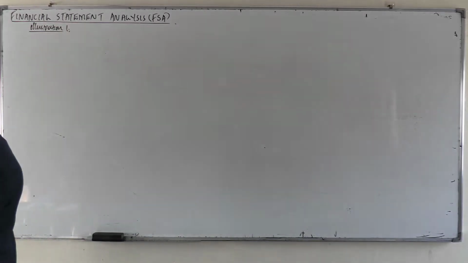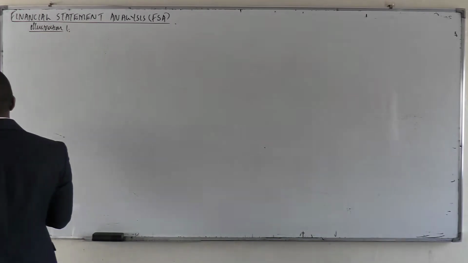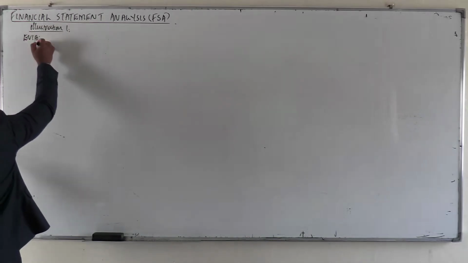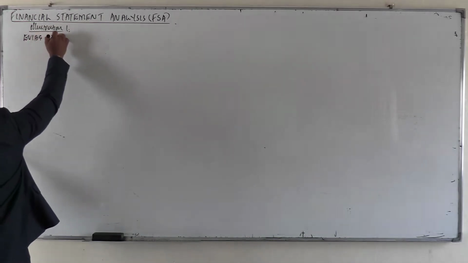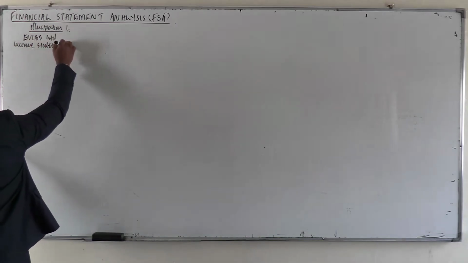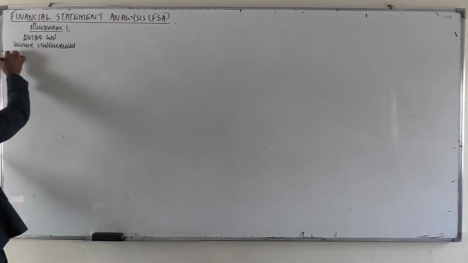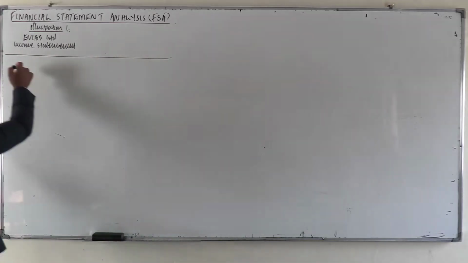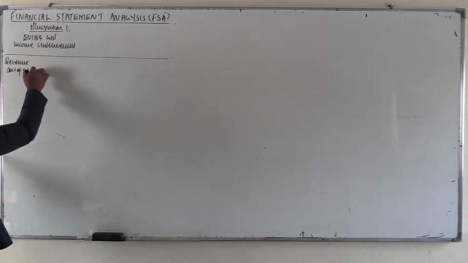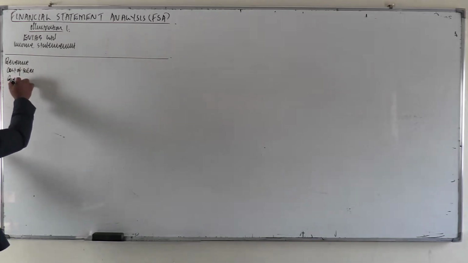Consider the following financial statement for Avibes Limited and prepare a vertical common size income statement. So we have Avibes Limited, then we have the income statement, whereby we have our revenue, then there is the cost of sales, and that's how we get the gross profit.